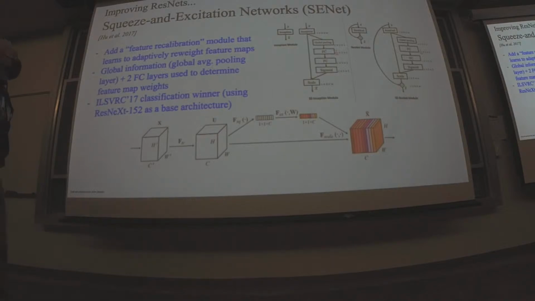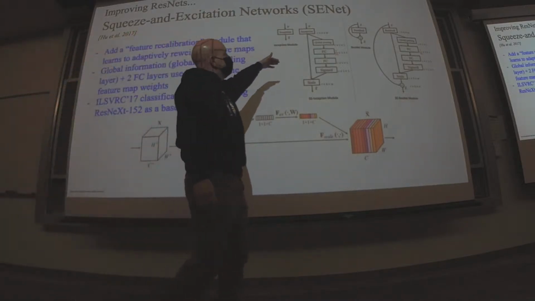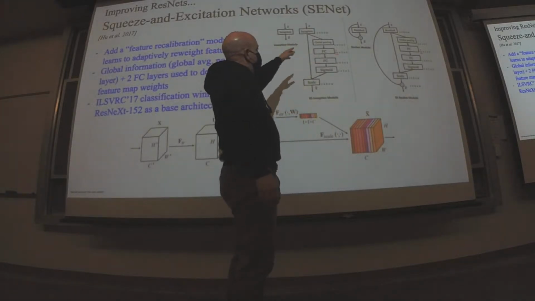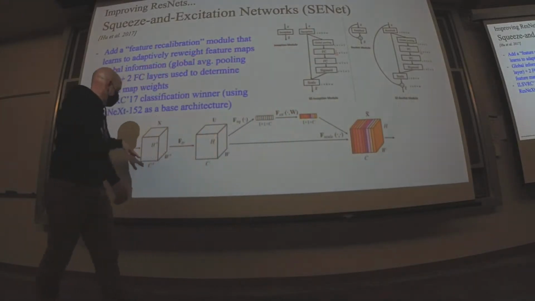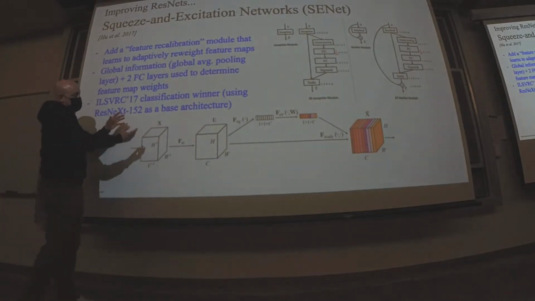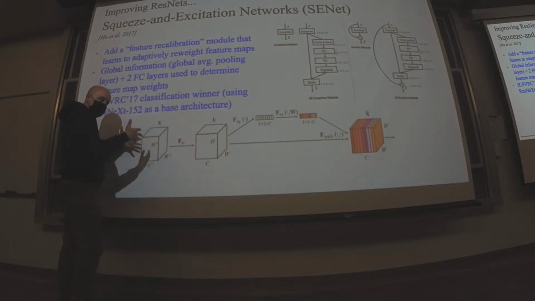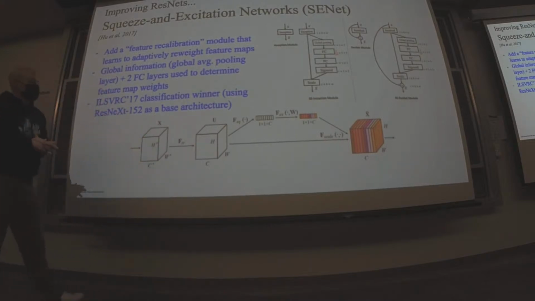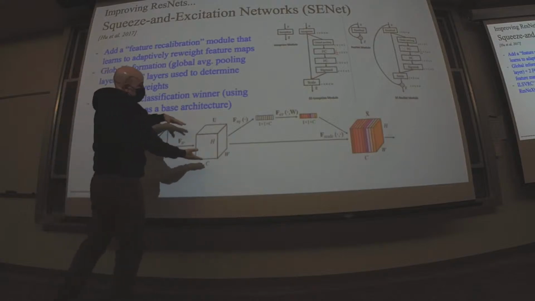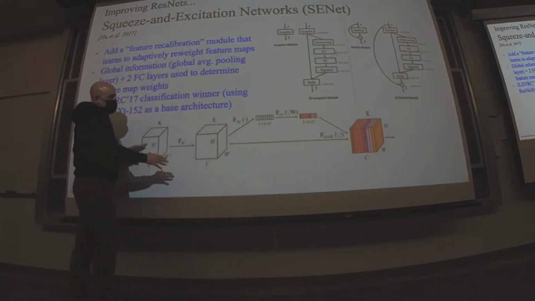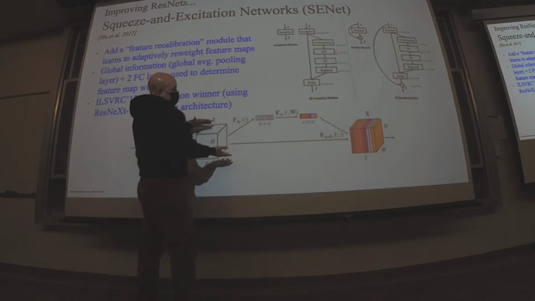So the idea here is I have my feature map. In the picture here from the paper, maybe it's best to look at it right here. I've got my feature map. It's arbitrarily H by W by C. Typically H and W are the same number, and C is the number of channels. What I'm going to do is scale it so that the values are on a similar scale.